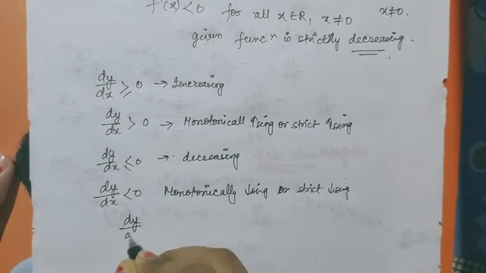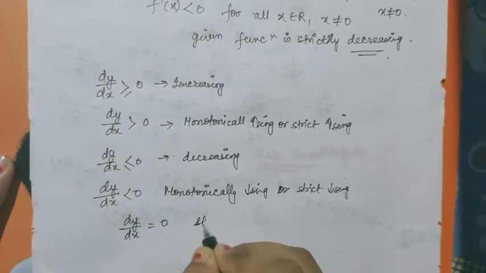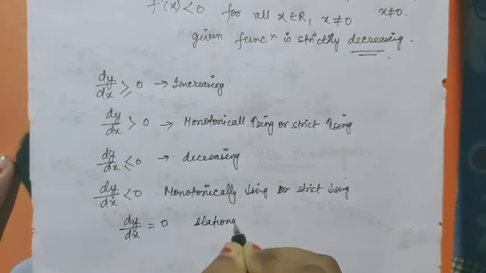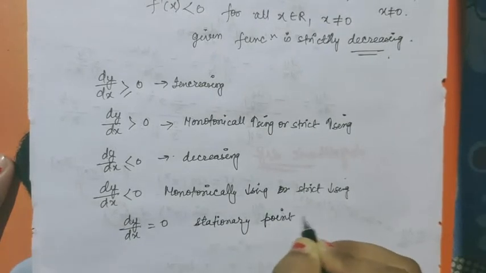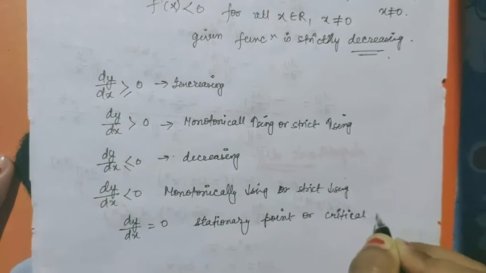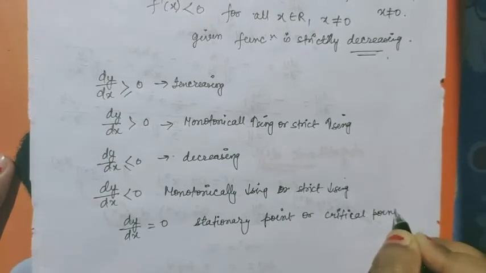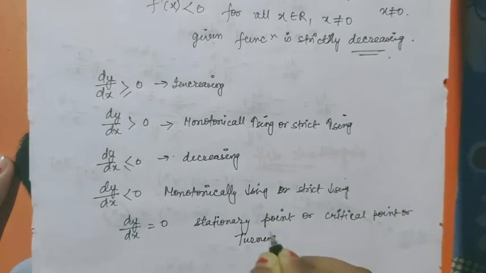And when dy by dx is equal to 0, then this is called a stationary point or critical point or turning point.